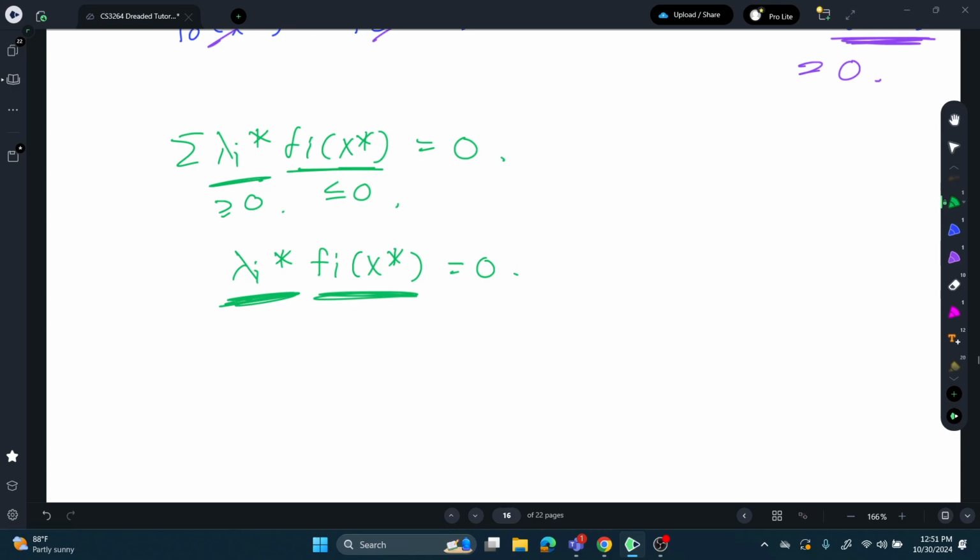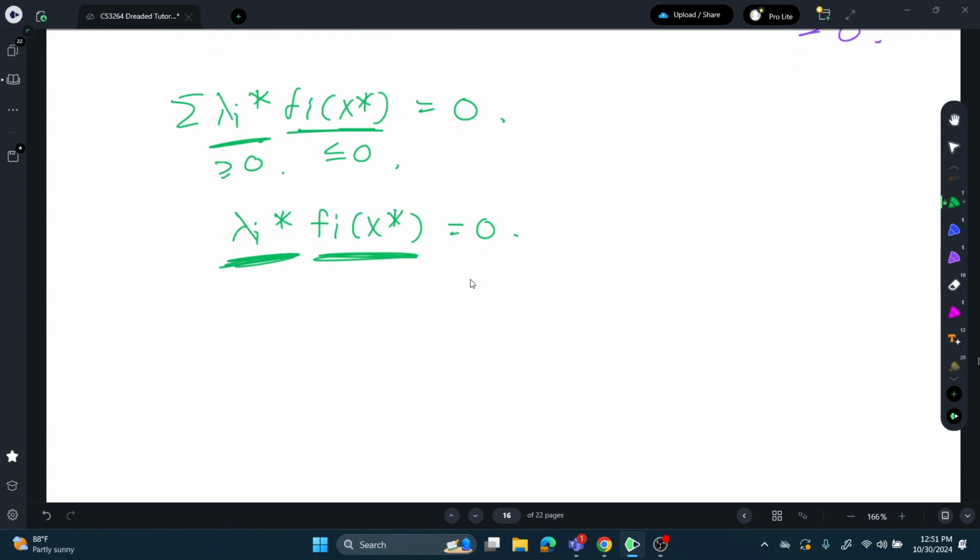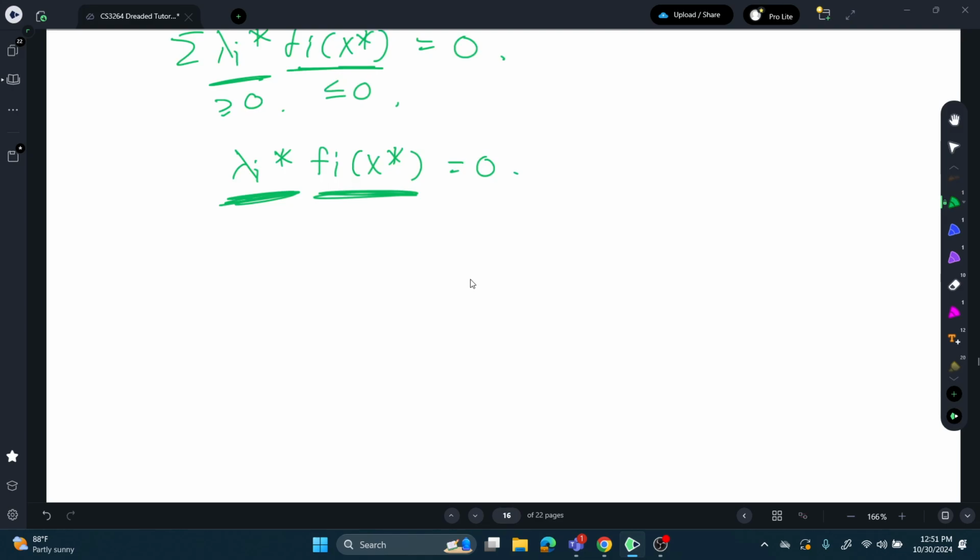If my constraint is saying that f is less than or equal to 0, then x can be anywhere in the middle, right? But the moment it's equal to 0, my x is exactly at that bound. So I'm saying that the constraint is active. Okay? So this is telling me that my x can only be either at that bound or my Lagrange multiplier has to be 0. Any questions so far?